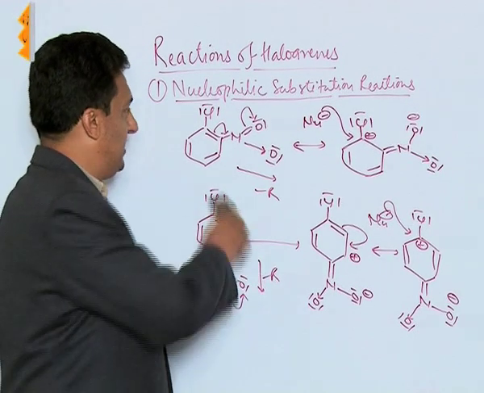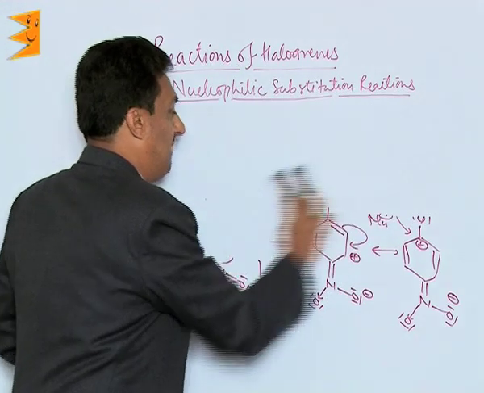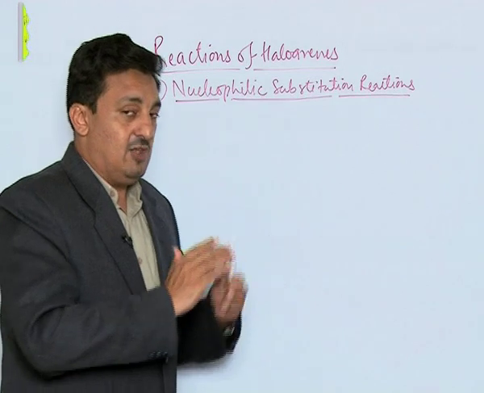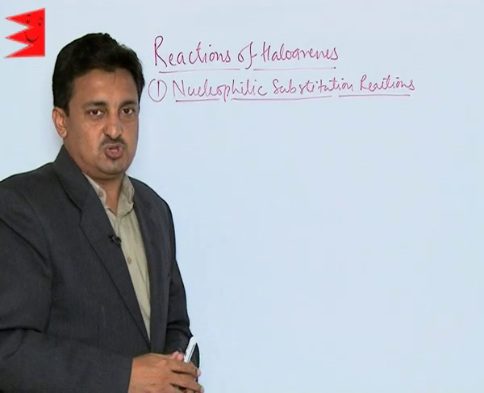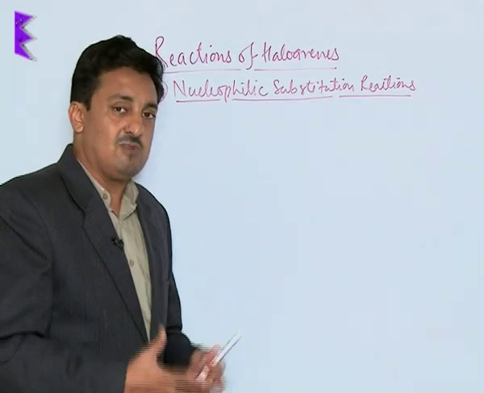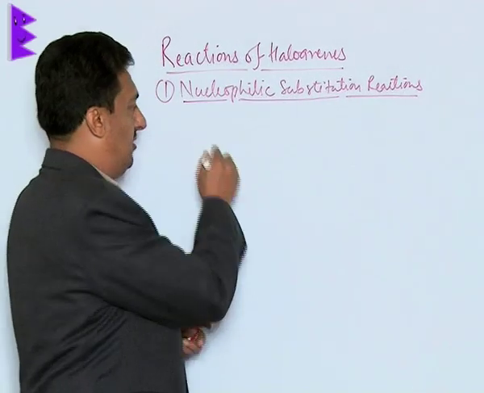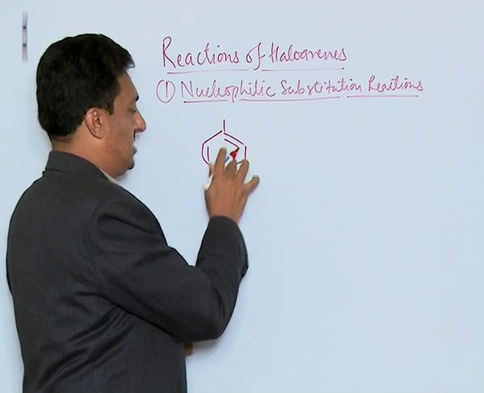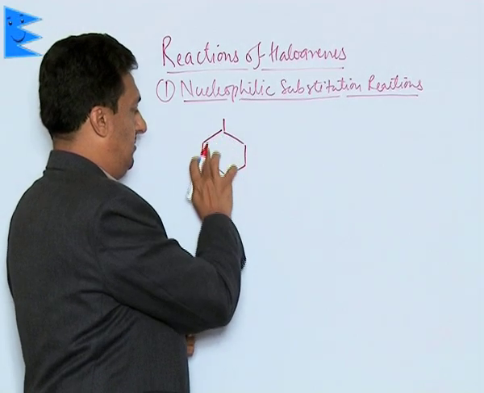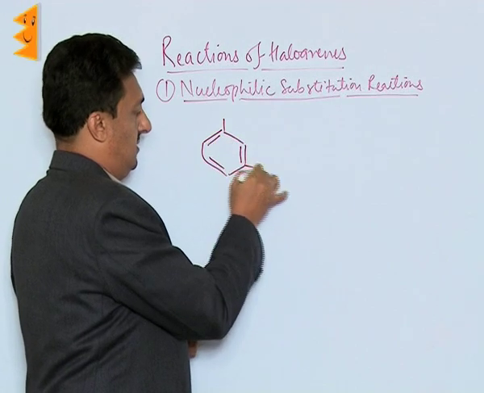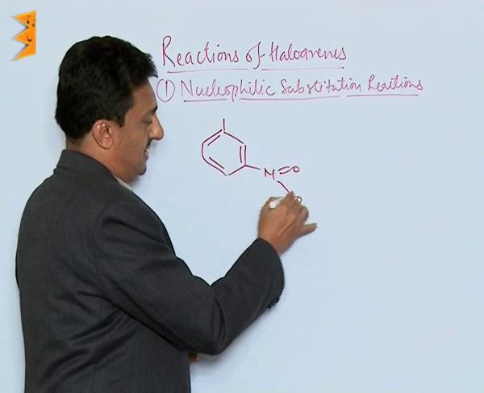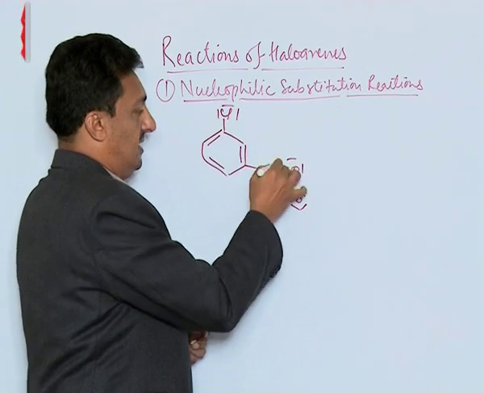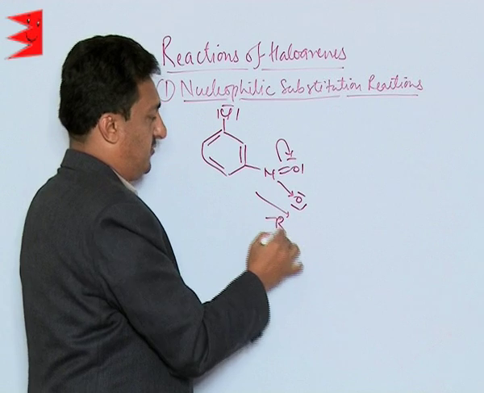Now, what we find is, if such electron withdrawing groups are present at meta position, they are not going to change the conditions of the nucleophilic substitution reaction. Yes, you need to put same extreme conditions. In spite of being the electron withdrawing group present on the aryl halides, it's not going to change the conditions for the reactions. The reason is, let me put it like this, suppose we have this group at meta position. It will show its minus R effect, of course.